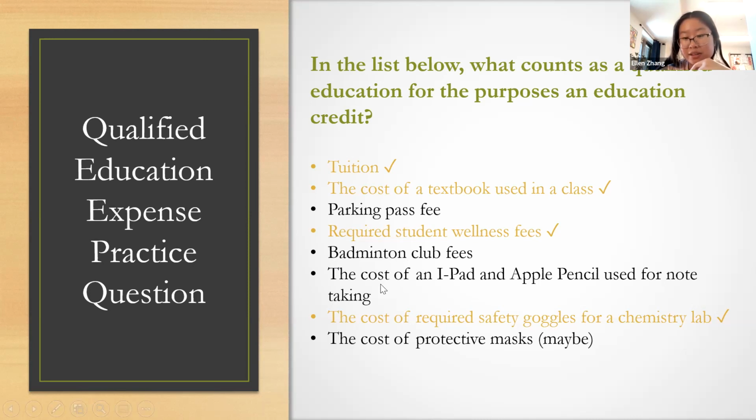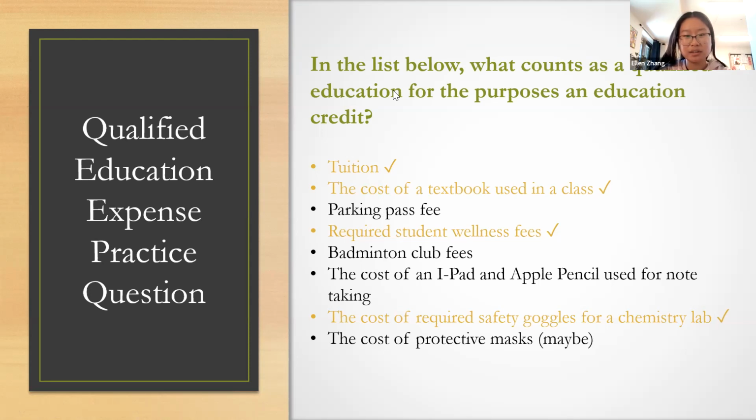So it's technically not a qualified educational expense. You could do just as well with pencil and paper. So if it's not required for the class, like a textbook or safety equipment for a lab or something, it is not a qualified educational expense. So that's the educational expenses side of the education credits.